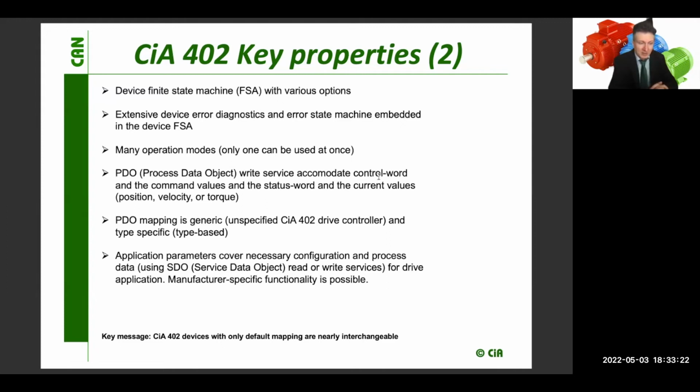There are multiple operation modes, such as position, velocity mode, torque mode, whatever you need, and also combinations of those modes, synchronous, cyclic modes, and we're still developing and introducing new modes into the specification.